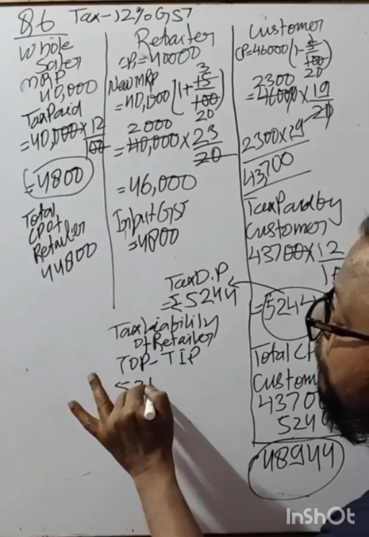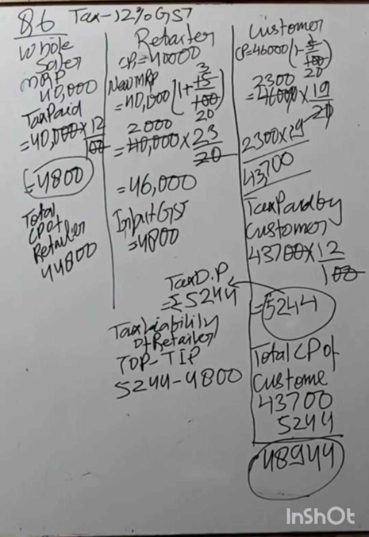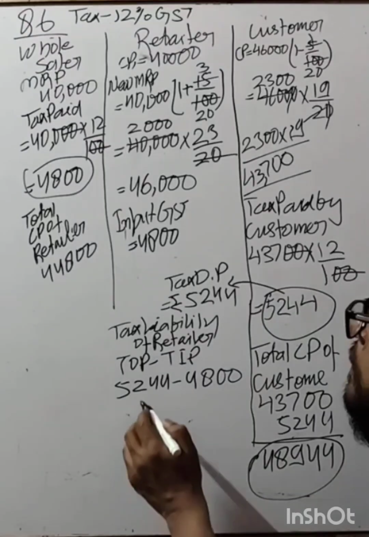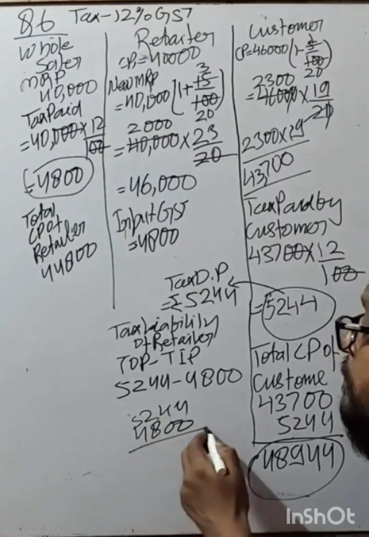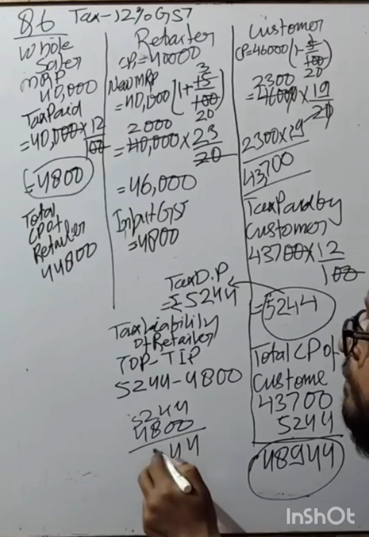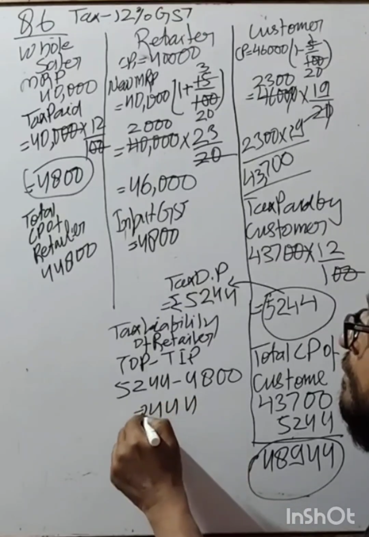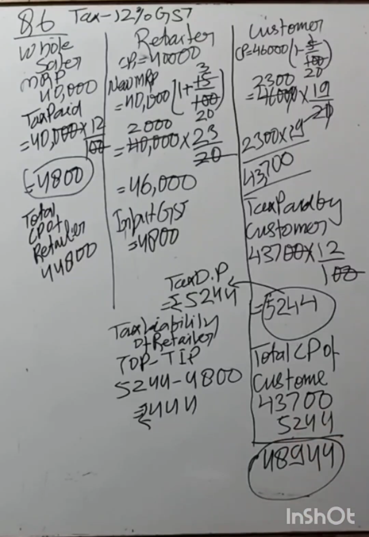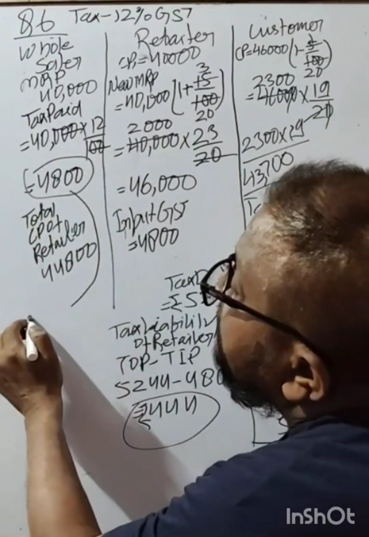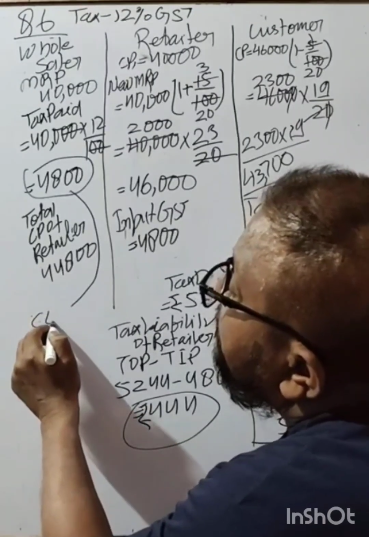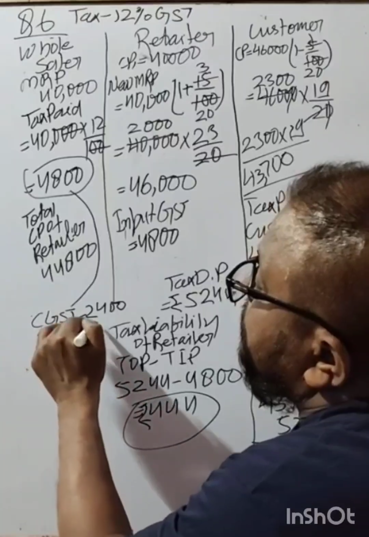So 5244 minus 4800. So this is 444. That is the tax liability. Now the division here will be CGST. CGST is 2,400 and SGST is 2,400.